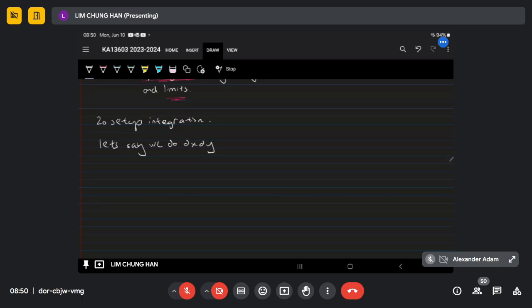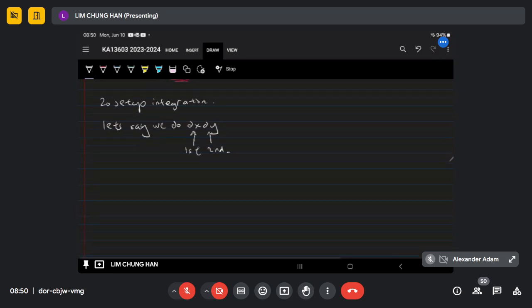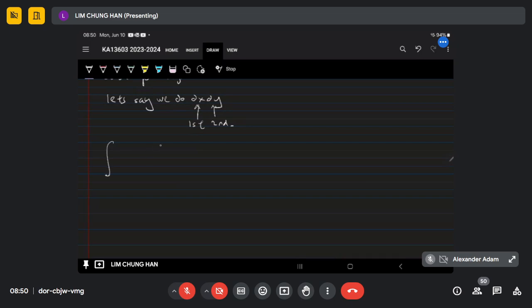That means we integrate x first, and we integrate y second. The function is 2y. So the first limit has to be x, and the second limit is y. Now let's go get our limits.